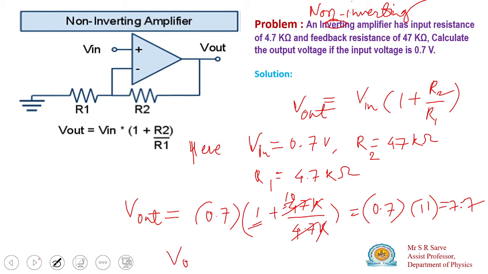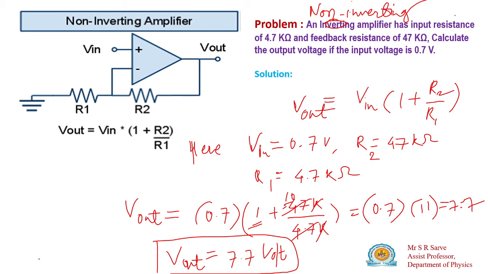The unit of voltage is volt, so the output voltage is 7.7 volt. So write here that the output voltage is found to be 7.7 volt.